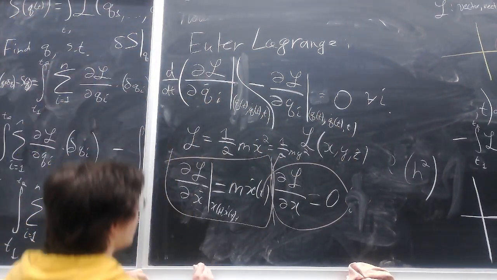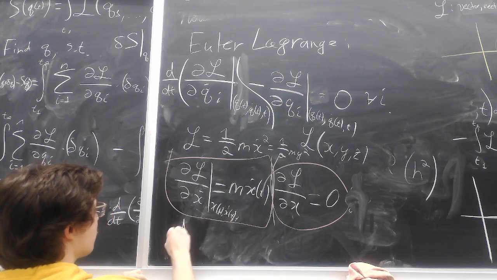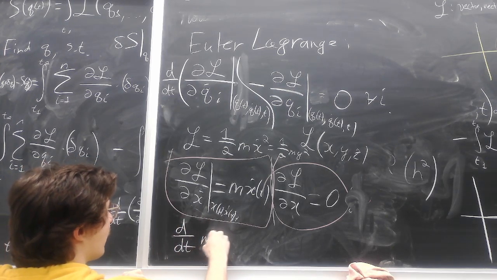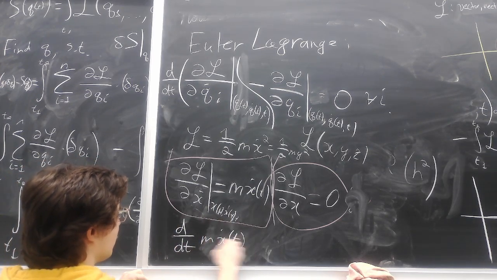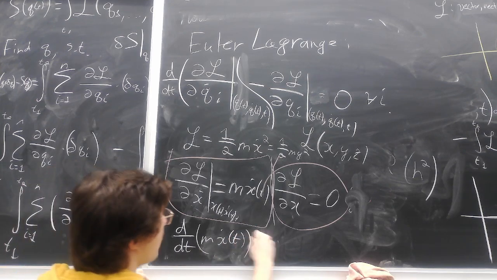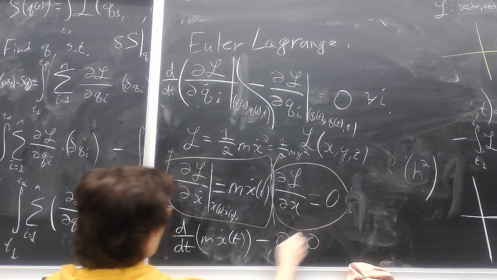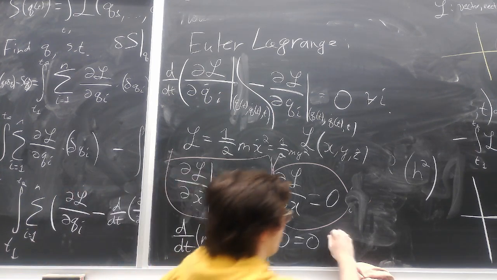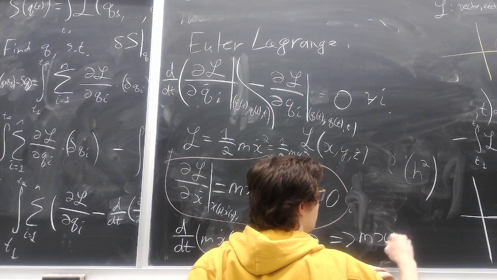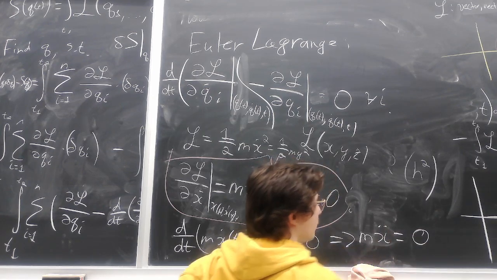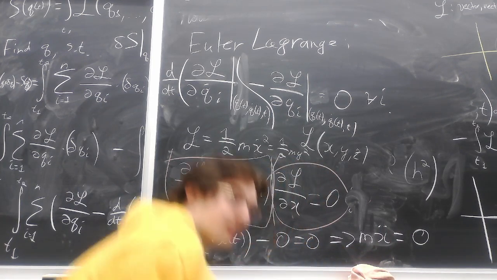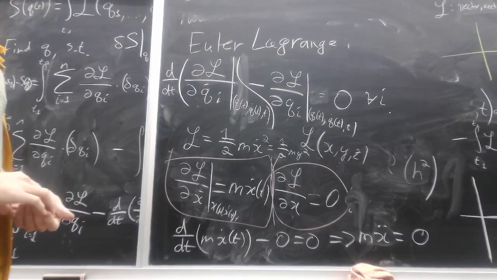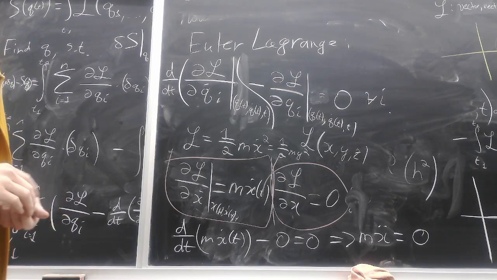And I get the derivative with respect to time of m x dot of t, minus 0, is equal to 0. What's the derivative of m x dot with respect to time? X double dot. Yes. Acceleration. So you get m x double dot is equal to 0. Have we seen this before? This is F equals ma, where F is 0.